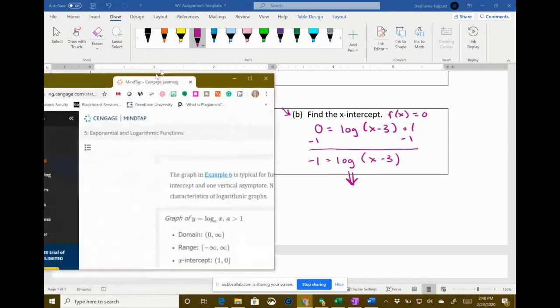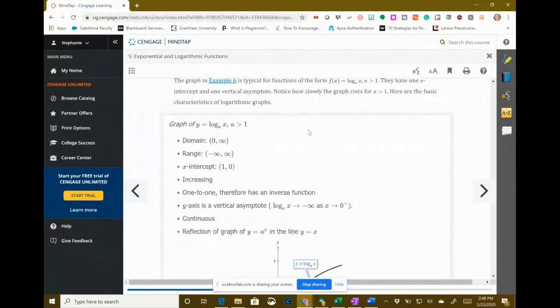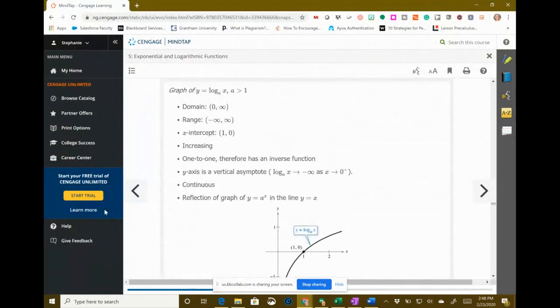Let me first bring over the textbook here. This is all section 5.2 I've been basically going through. When you have a logarithmic problem, your domain is always 0 to infinity.